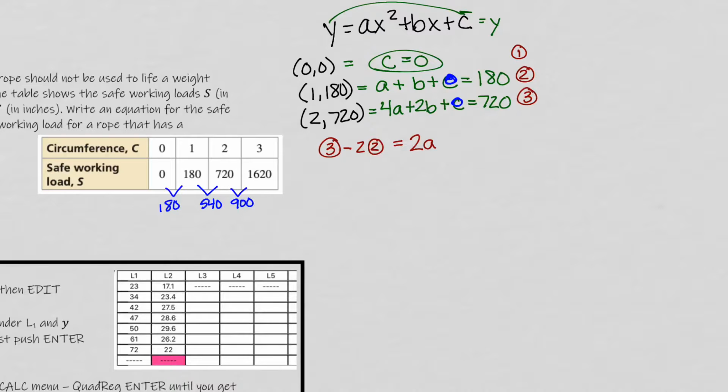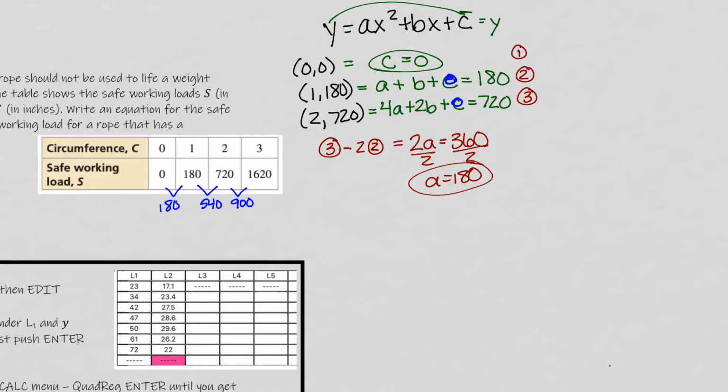All right, now let's take equation 3, the 720, and subtract 2 times 180. And if you do that, you get 360. And if we want to solve for a, I'm going to divide by 2. I get a is 180. So now I have a and c, and I need to find b. So I'm just going to take this value for a and plug it into this equation right there, because then I can solve really quickly.